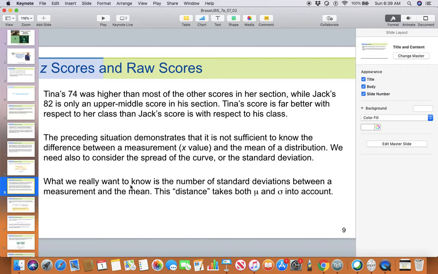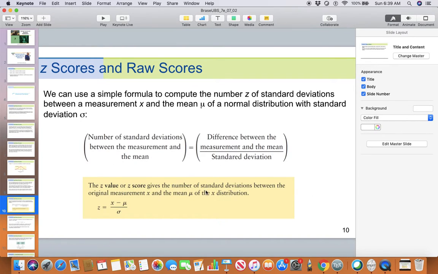What we really want to know is the number of standard deviations between the measurement and mean. The distance takes both mu and sigma into account. So this is what we want: the difference between measurement and mean divided by standard deviation. So x minus mu over sigma. All right.